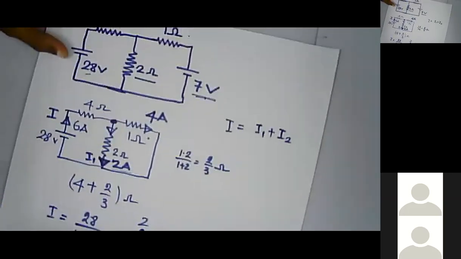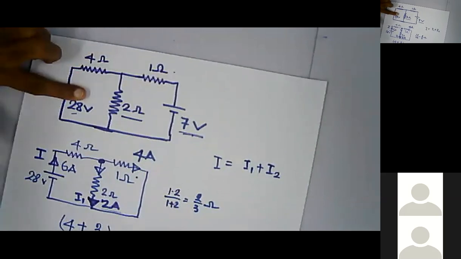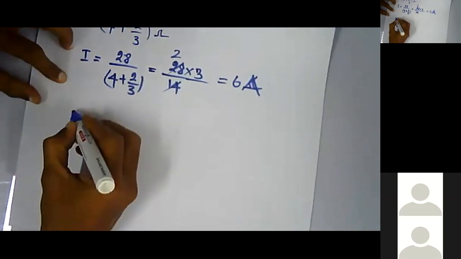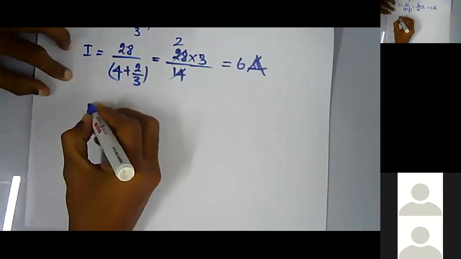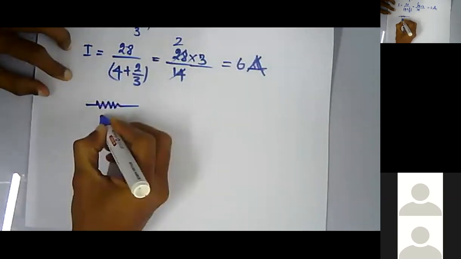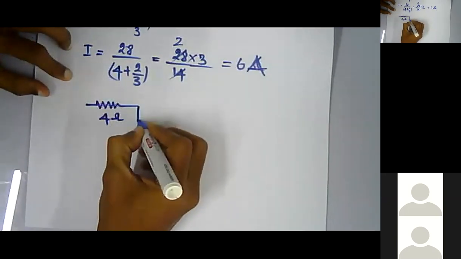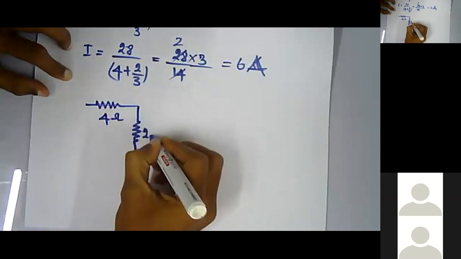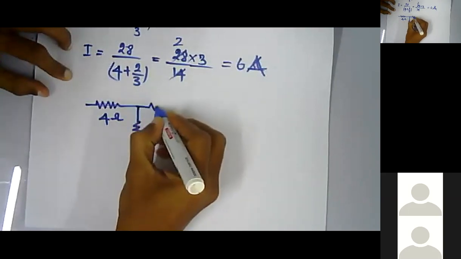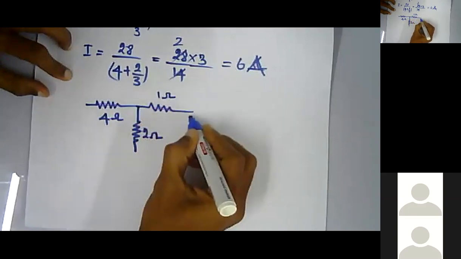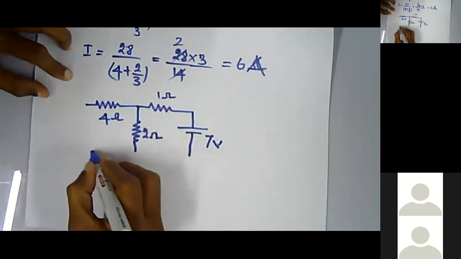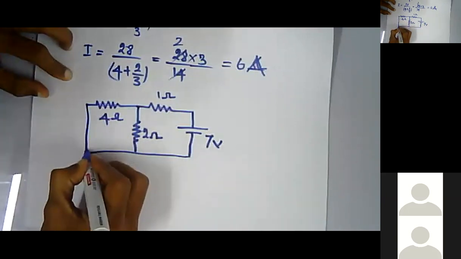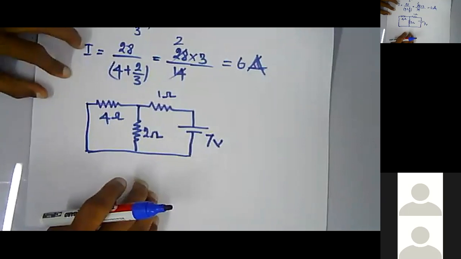Now we'll see what happens if we short circuit this 28 volt battery. I'll draw the circuit diagram: 4 ohm resistor, 2 ohm resistor, and 1 ohm resistor, and here will be the 7 volt battery, and this time the other side is short circuited.